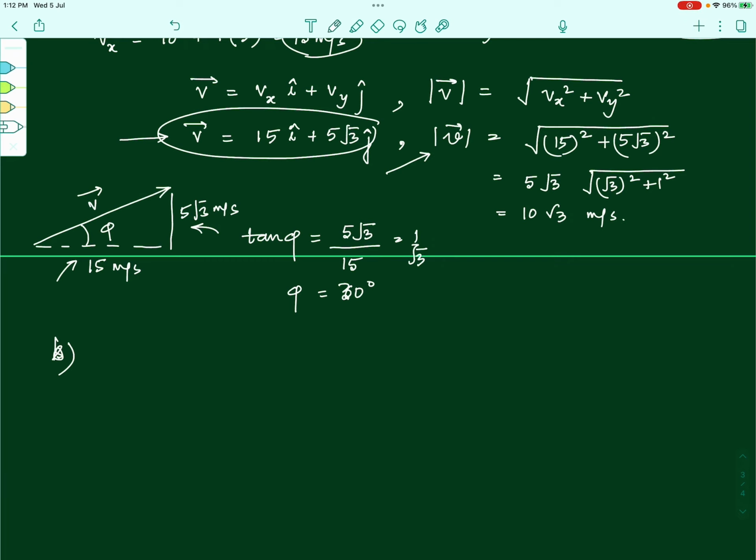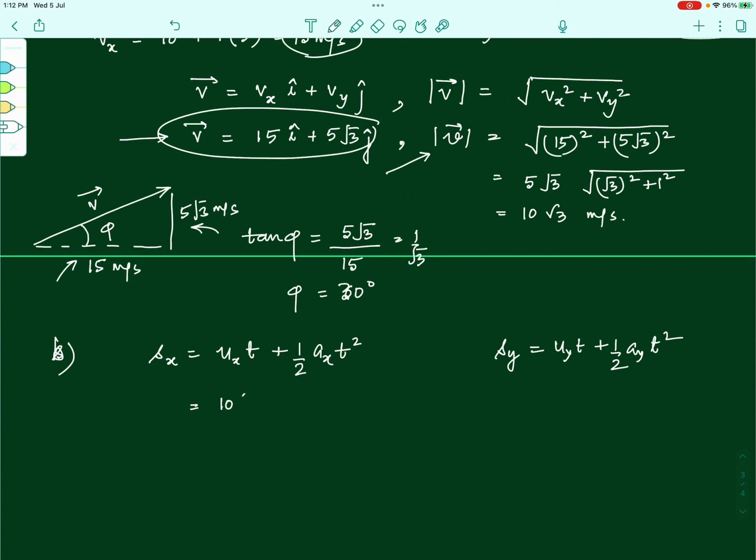Again we can use the equations of motion, this time the displacement equation. Sx is equal to ux t plus half ax t squared, the second equation of motion along the x direction, and the second equation of motion along the y direction. Let's substitute the values.